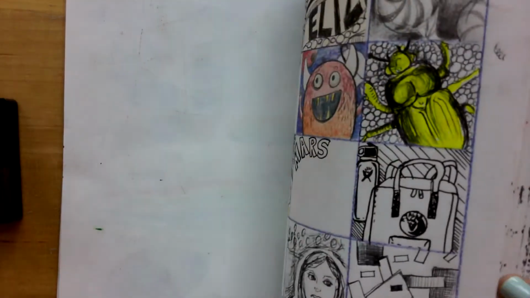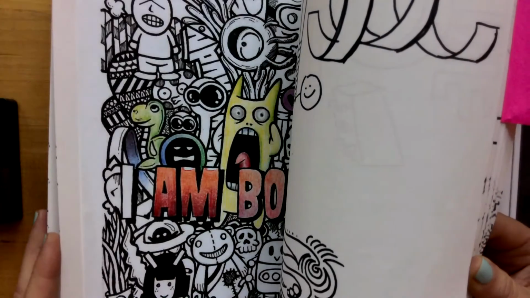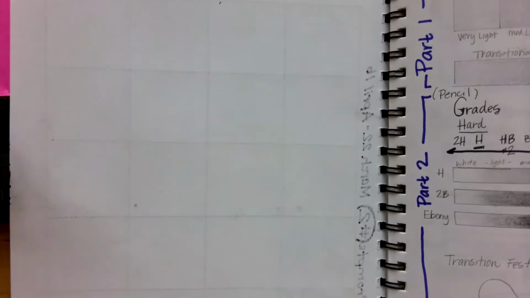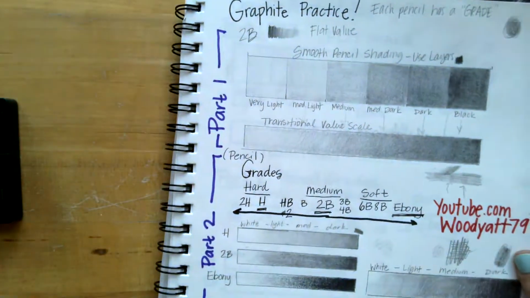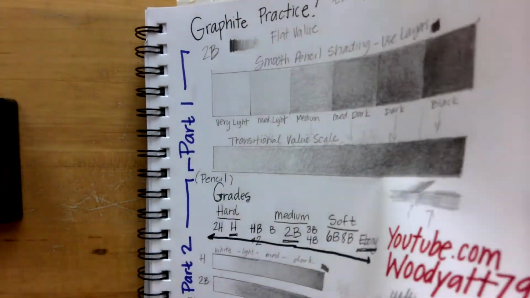I would just simply take a value scale that I already have done from the practices. So if I go back here, I can find my graphite practice, and I can use this right here. I can make another one, or I can just cut that one out.